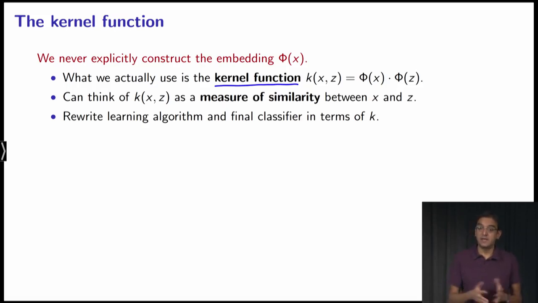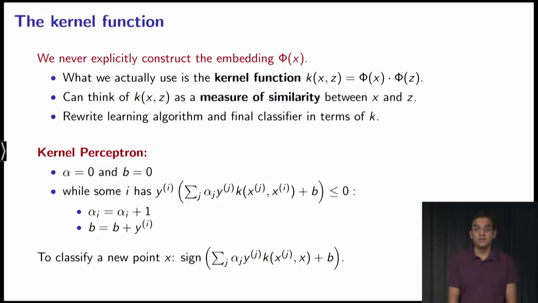What does it look like when rewritten in this way? So let's see. Here it is. It is just wonderfully simple. Okay? We start by initializing the parameters to 0. Then we just cycle through the data until everything's perfectly classified.